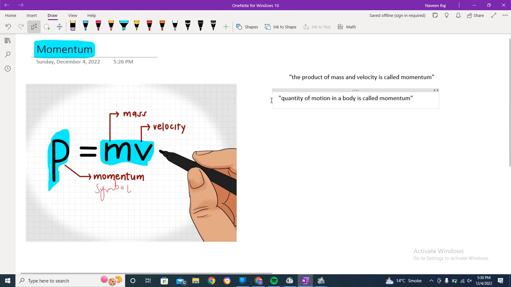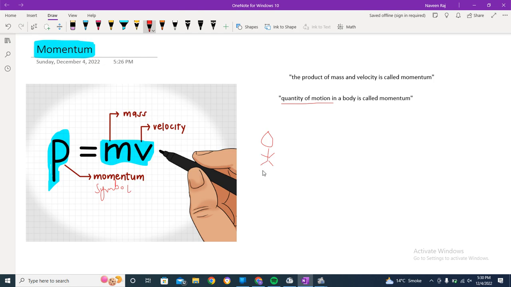If we are determining the quantity of motion, we have a body. For suppose this is you, and I want to determine the motion in you. I want to look into two factors.